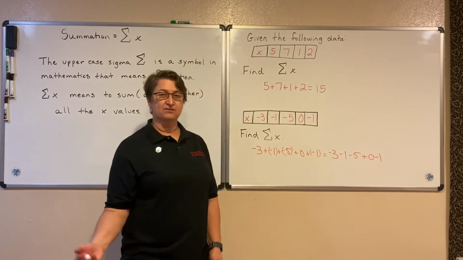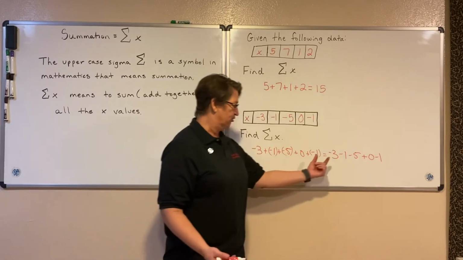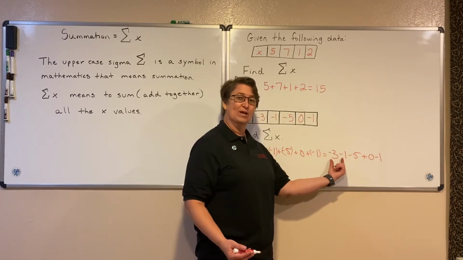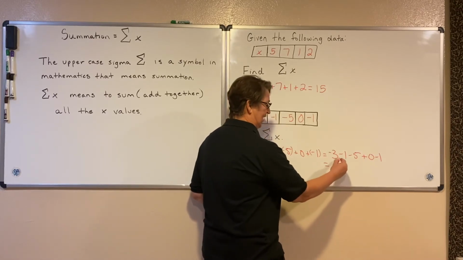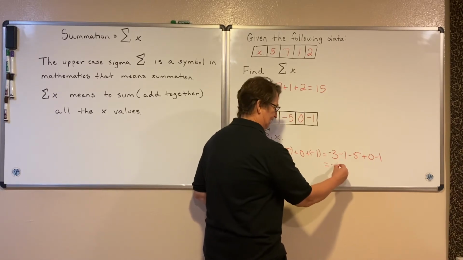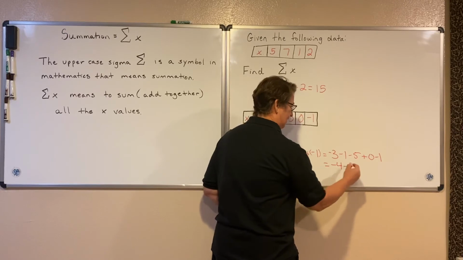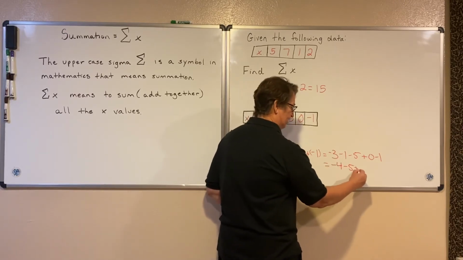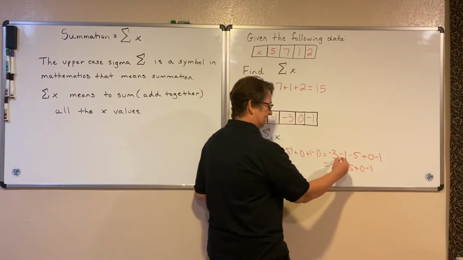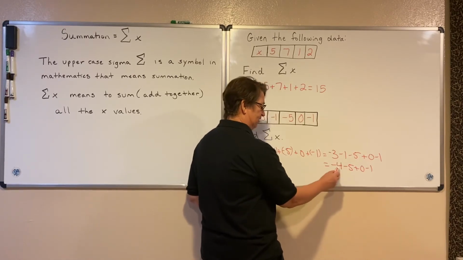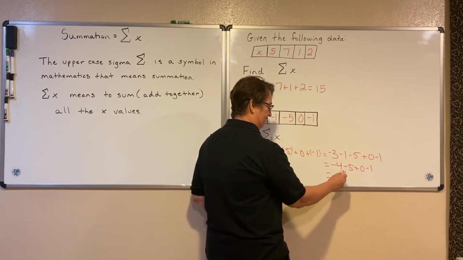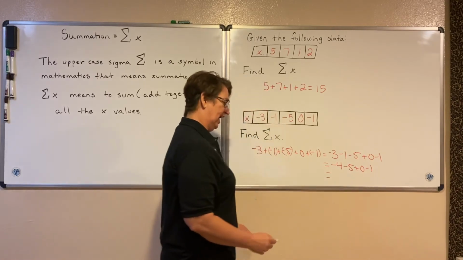Remember from adding and subtracting our integers that when their signs are the same, we are really just adding them. So here I have a -3 and a -1. That gives me a -4. And I keep the sign of that number. I'm in negative land and I stay in negative land. Again, their signs are the same, so I'm just going to add them. A -4 and a -5 makes a -9.